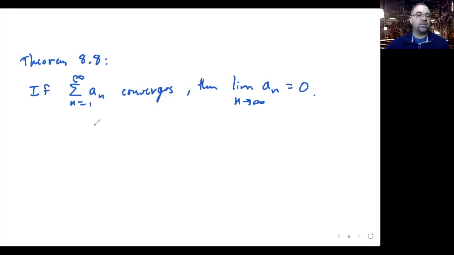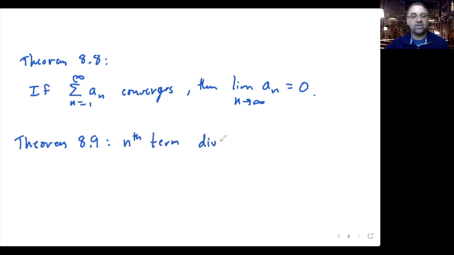The one that I want to make sure we hit, and this is one we're going to use a fair bit going forward, is theorem 8.9. It's also called the nth term divergence test. And this one's a little bit different.